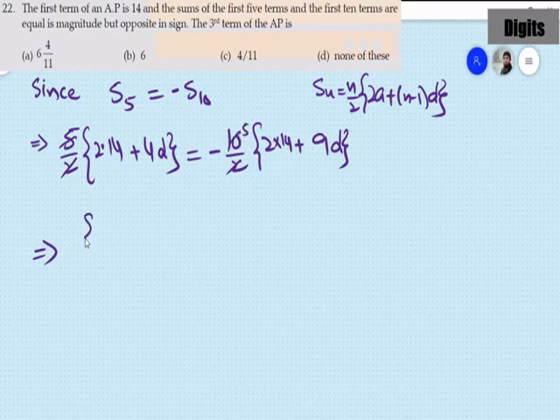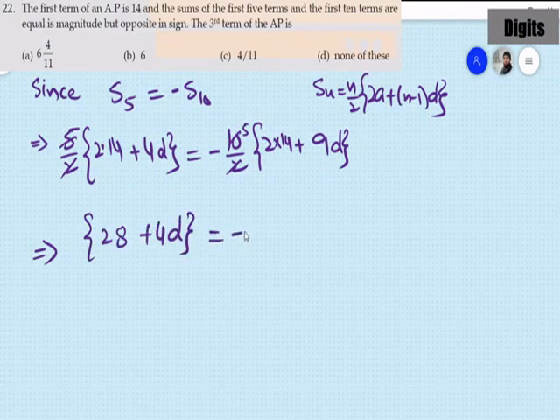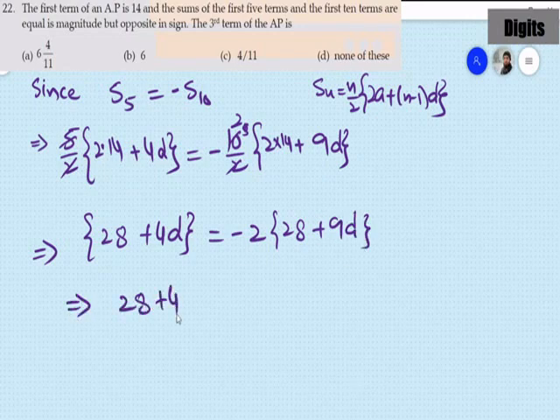So it will be equal to 28 plus 4d is equal to minus 2 times, here it is 2, 5, 2 into 28 plus 9d, which will further be equal to 28 plus 4d is equal to minus 56 and minus 18d.